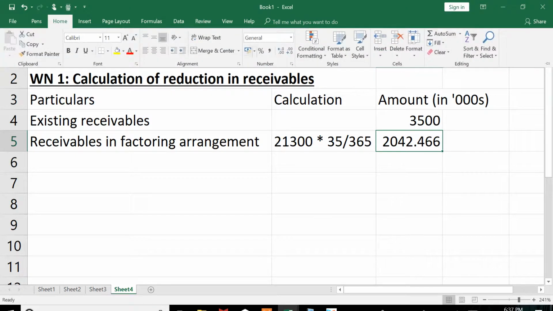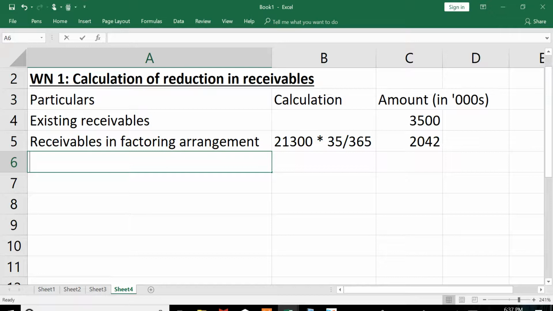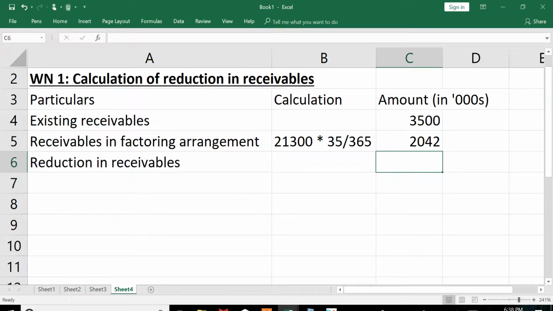You can round off the number. 2,042 thousands. When you do the other calculation, we will work with 2 decimals. Reduction in receivables: 1,458.